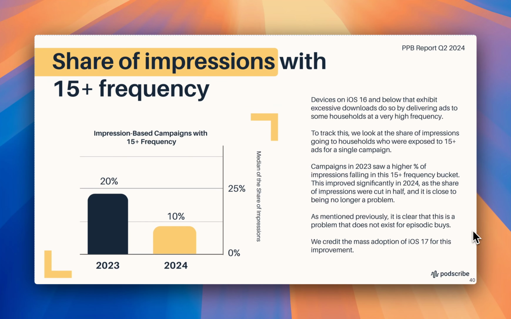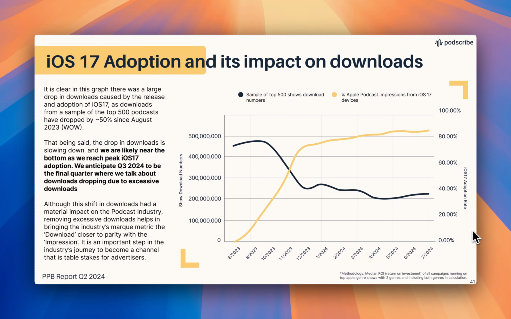Now the question is, how did it impact things? Amelia, if you don't mind, we'll go to the next slide and then go back one. This is probably the one picture that makes it very clear. The yellow line is iOS 17 adoption. The blue-black line is a sampling of the top 500 podcasts and the impact of that adoption on downloads over time.